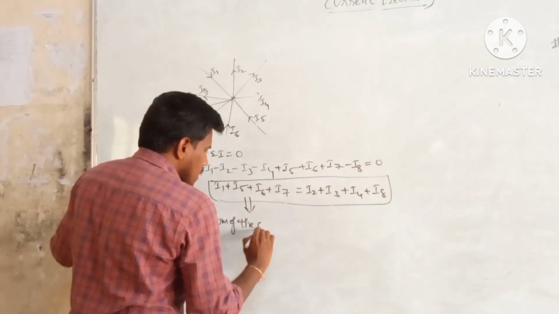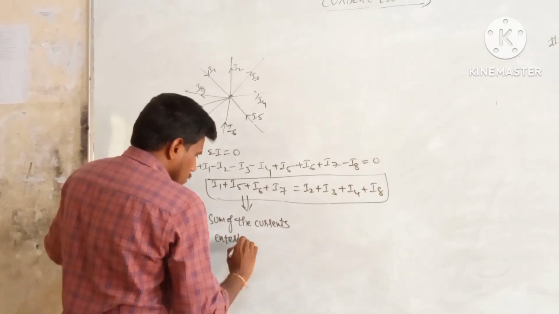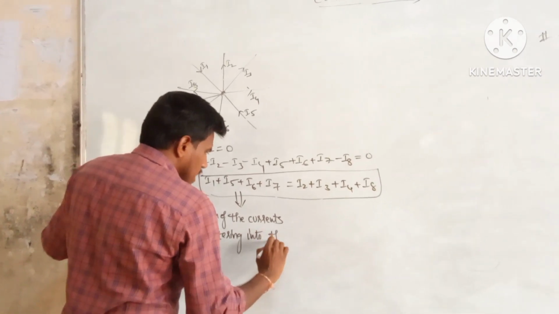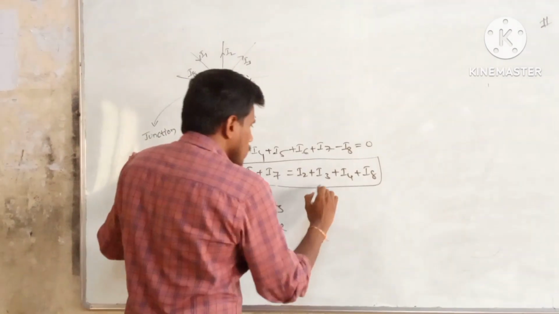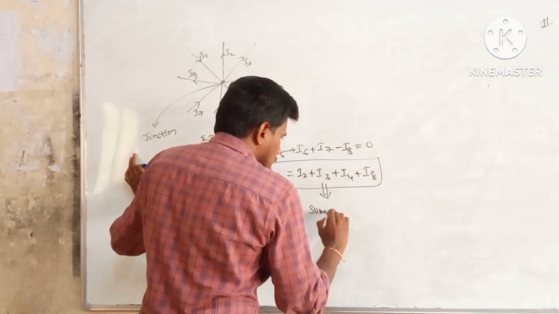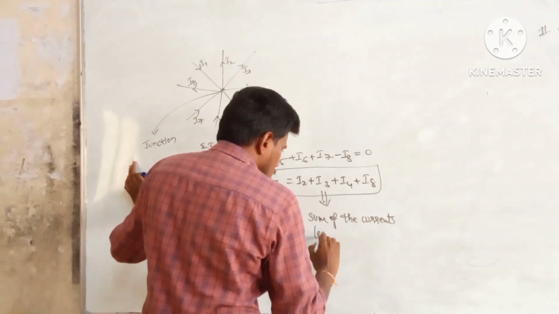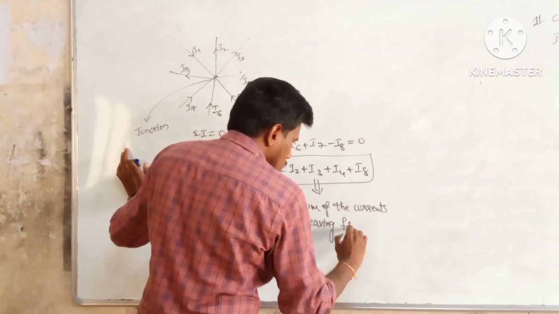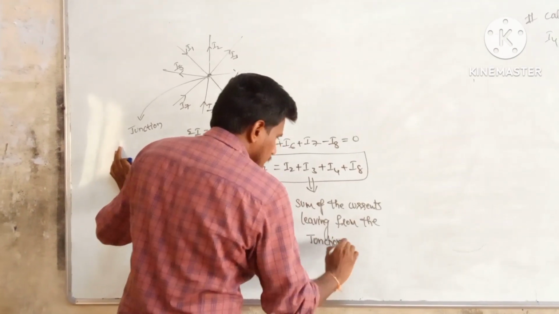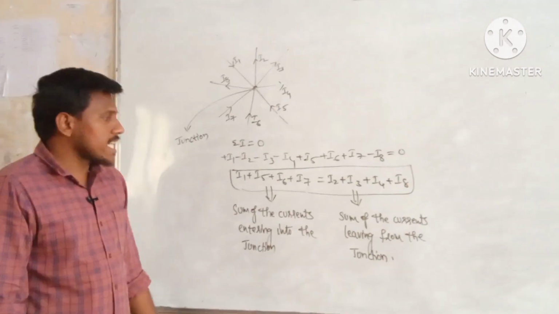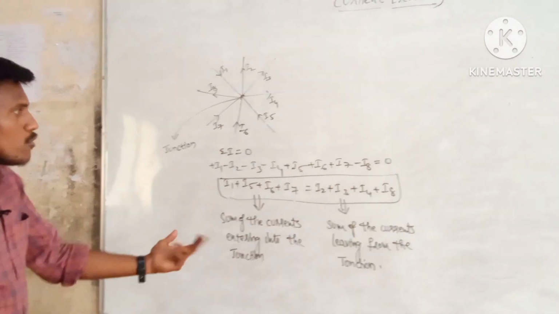The sum of the currents entering into the junction should be equal to the sum of the currents leaving from the junction. So this is exactly what we call Kirchhoff's current law, junction law, according to sign conventions.